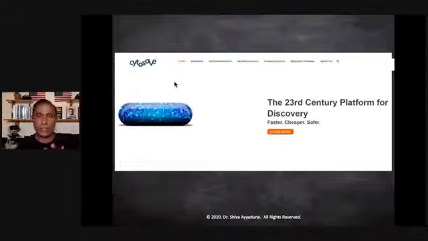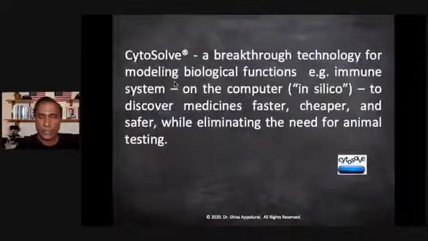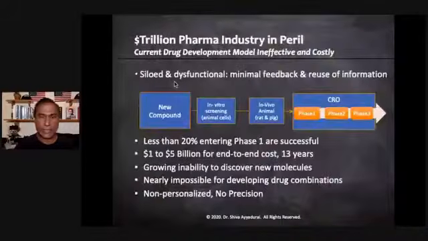This technology was used to show how GMOs have no safety standards. It's really a breakthrough technology for modeling biological functions, the immune system, on the computer, which I call in silico, so we can discover medicines faster, cheaper, and safer while eliminating the need for animal testing. As many of you know, this is the current model for how pharmaceutical companies develop drugs.